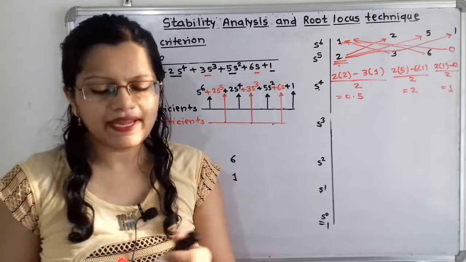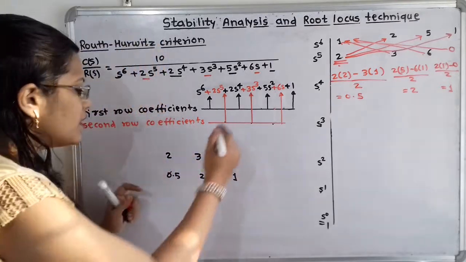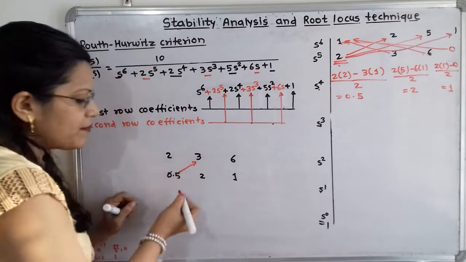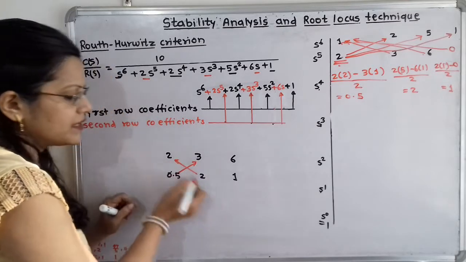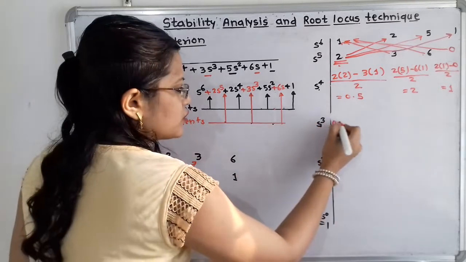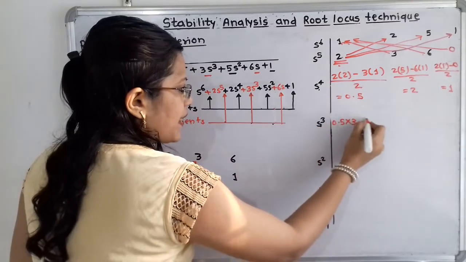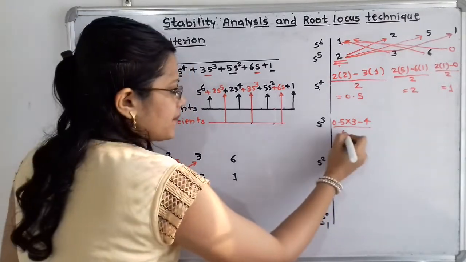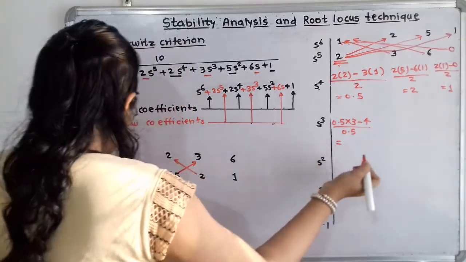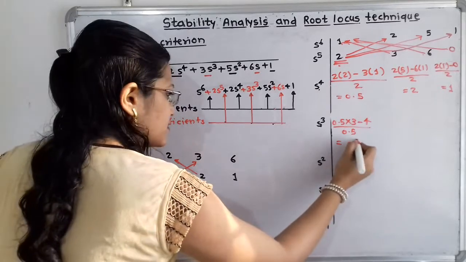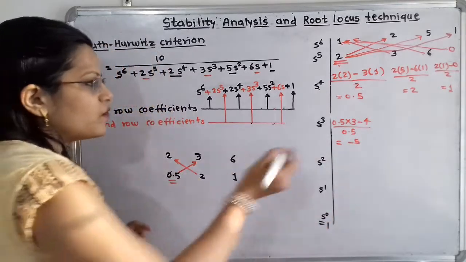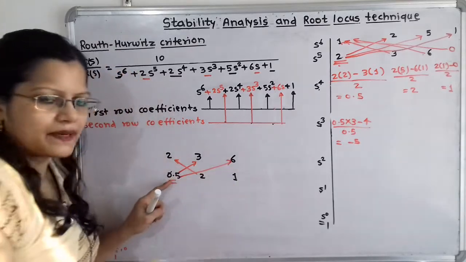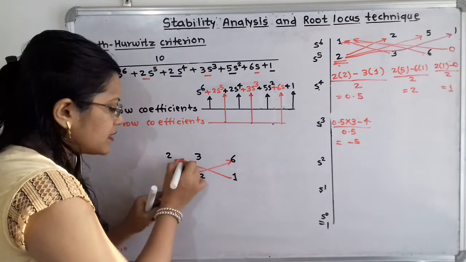Now again we make the calculation in the same manner: 0.5 multiplied by 3 minus 2 multiplied by 2, that is 0.5 multiplied by 3 minus 4, divided by 0.5. If we calculate this, we get the answer minus 5. Now we move to the next: 0.5 multiplied by 6 minus 1 multiplied by 2.